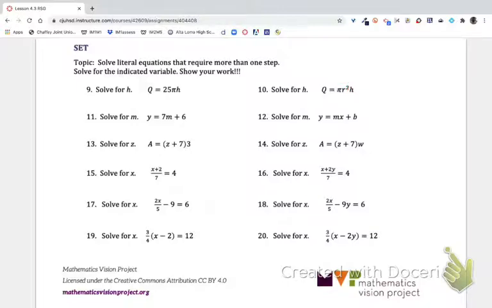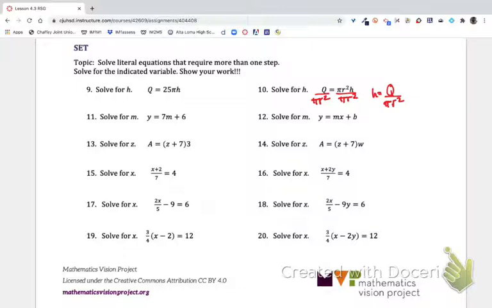So all of this is multiplied by h, so the inverse of multiplication is division. It doesn't matter what it is. It could be smiley faces, rhinoceroses, numbers, letters, shapes. I need to use the inverse operations, which would end up giving me h equals q over pi r squared.